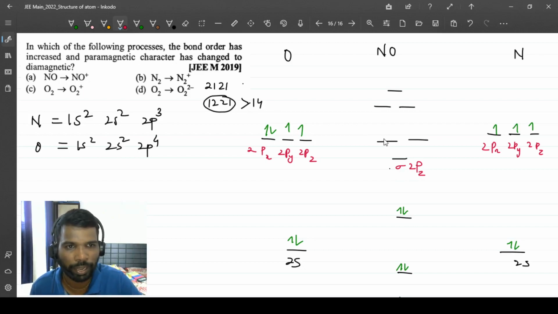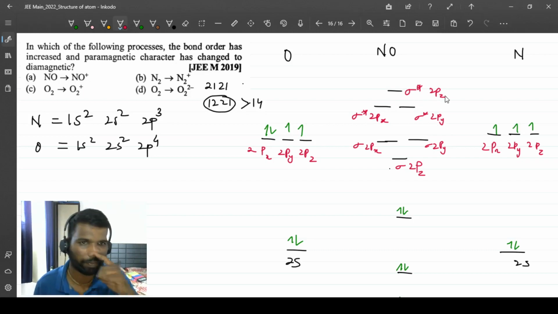This is pi 2px and pi 2py. This will be sigma star 2px, this is sigma star 2py, and this is sigma star 2pz. This is how it is represented.